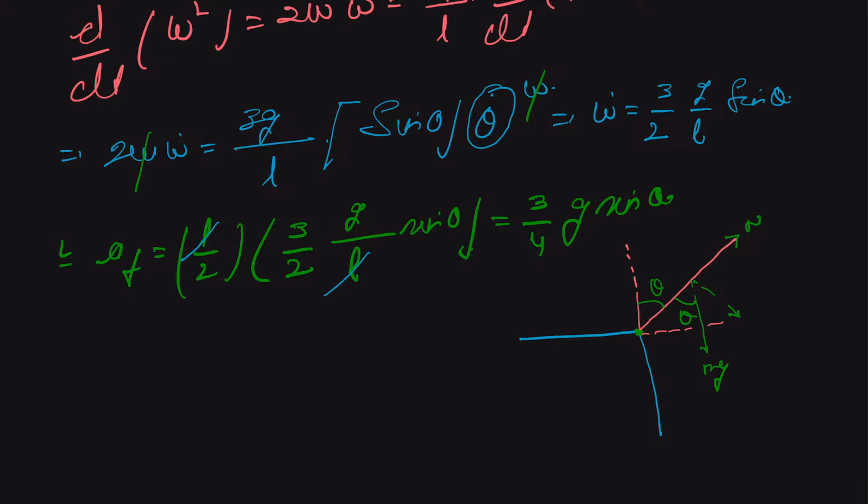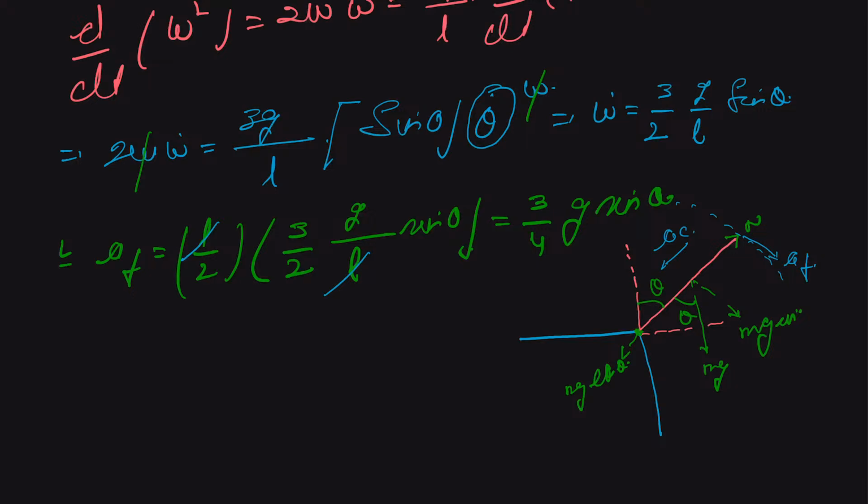So we are going to get our mg sine of theta and mg cos of theta. And the centripetal acceleration, that our A of C, is in this direction. And as it is going to trace a circular path, the tangential acceleration will be somewhere in this direction. This is the approximate figure which we can draw.